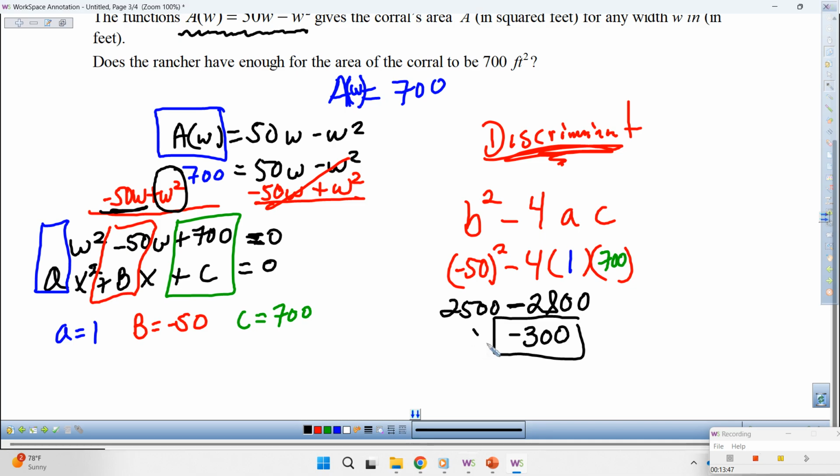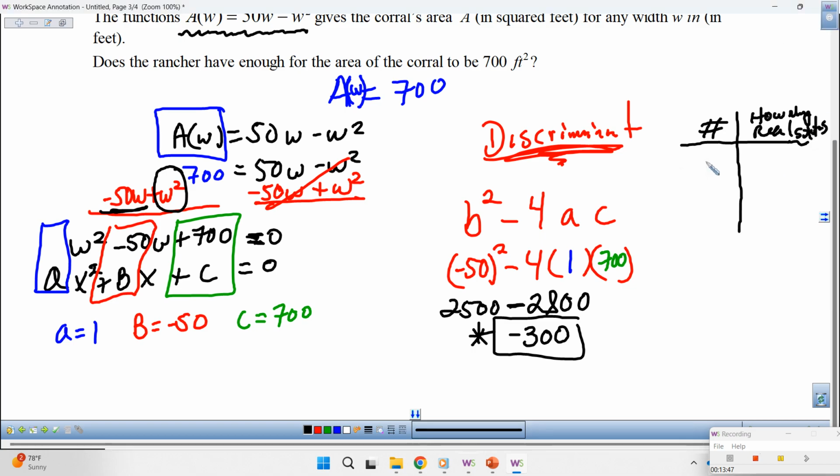So now, why did we need this number? Who remembers when we end up with a number from the discriminant, how many real solutions? You guys remember this little table?